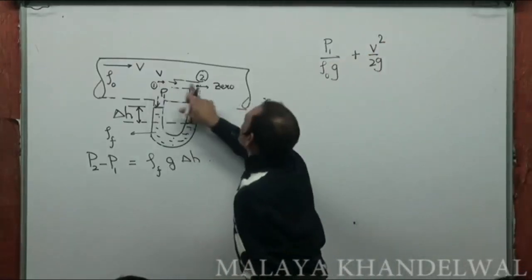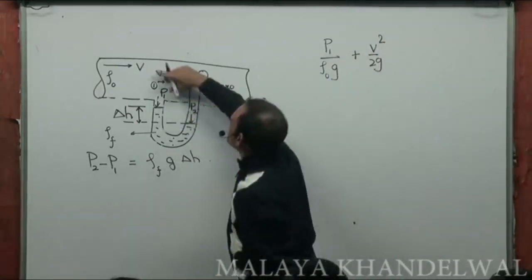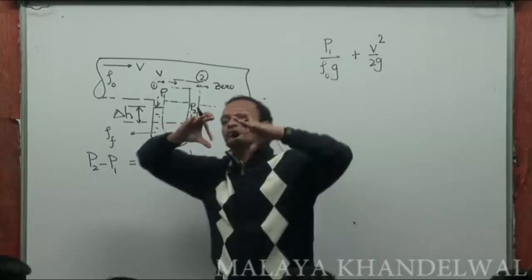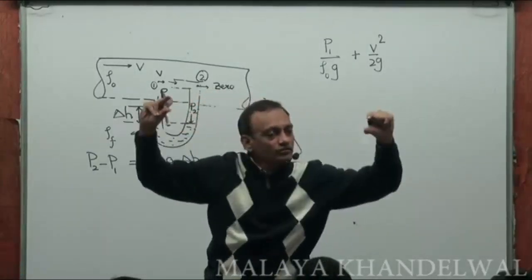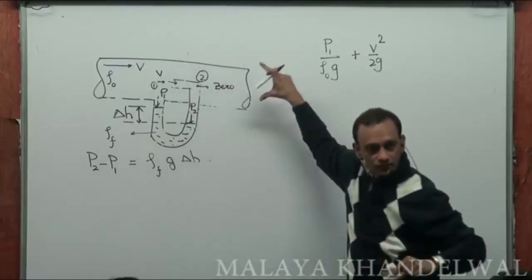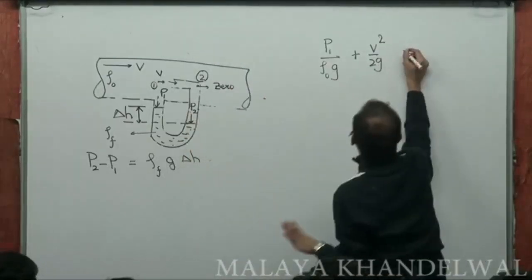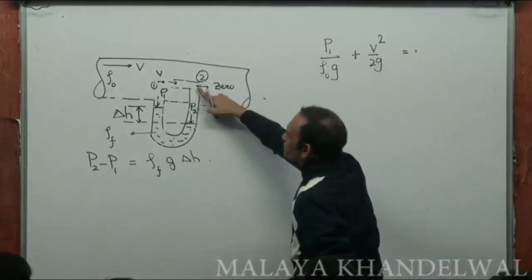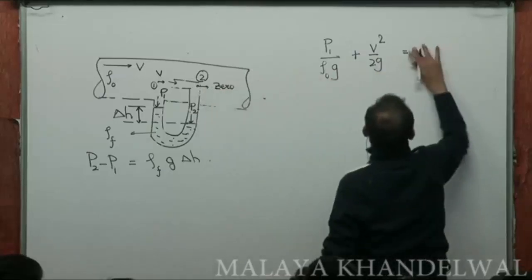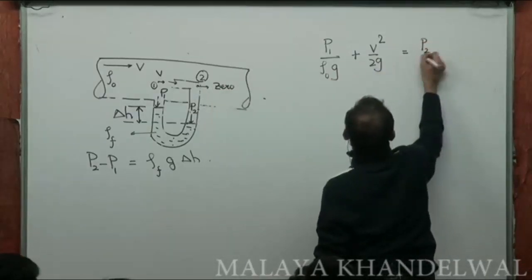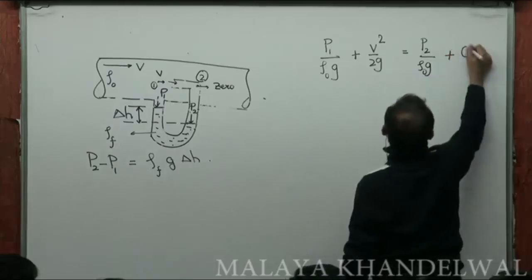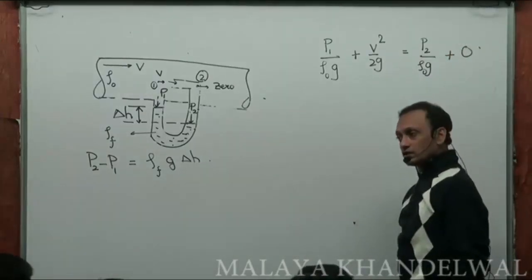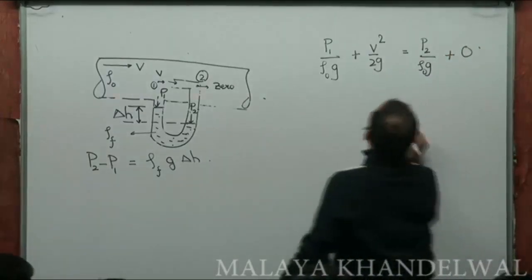Now H is practically the same between 1 and 2. In fact, at all points in this cross section, H is the same because the cross sectional area of this tube through which the fluid is flowing is very, very small, right? So H is the same anyways on both sides. Now the pressure here is P2 divided by rho naught g, and the velocity becomes 0. Yes or no?